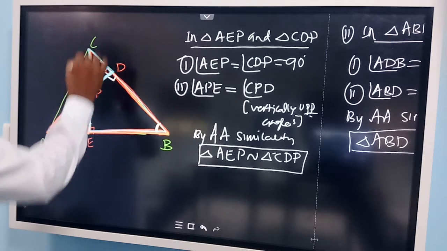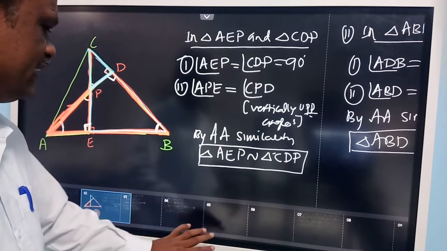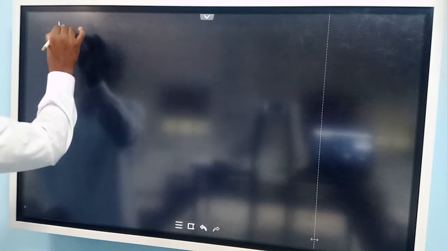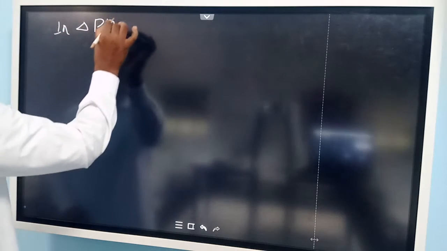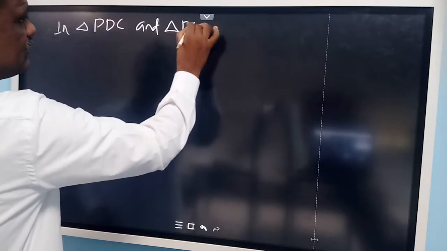This small triangle and this big triangle. In triangle PDC and in triangle BEC.